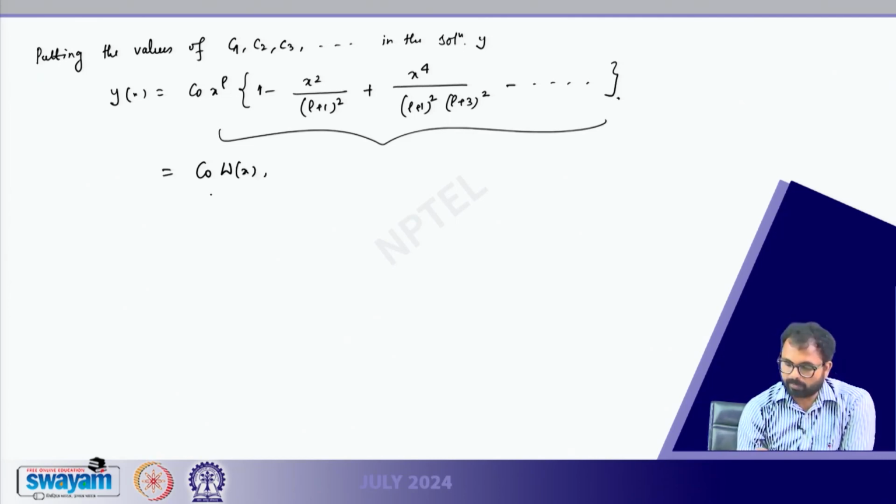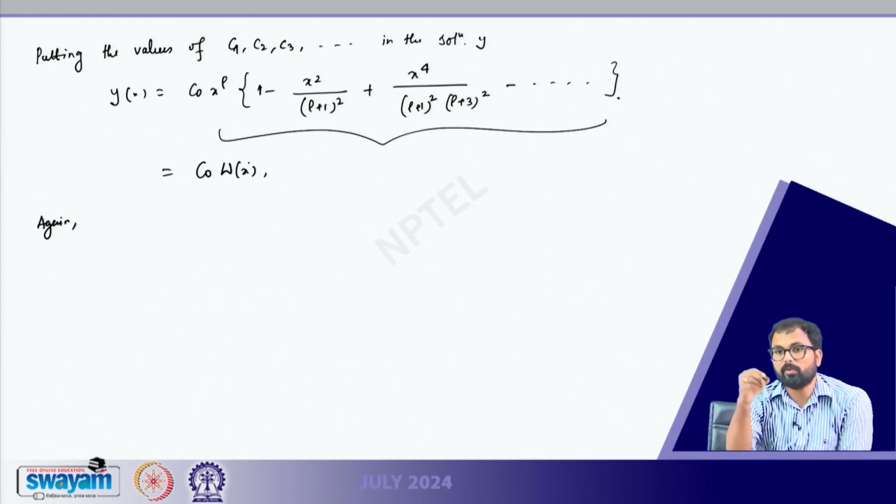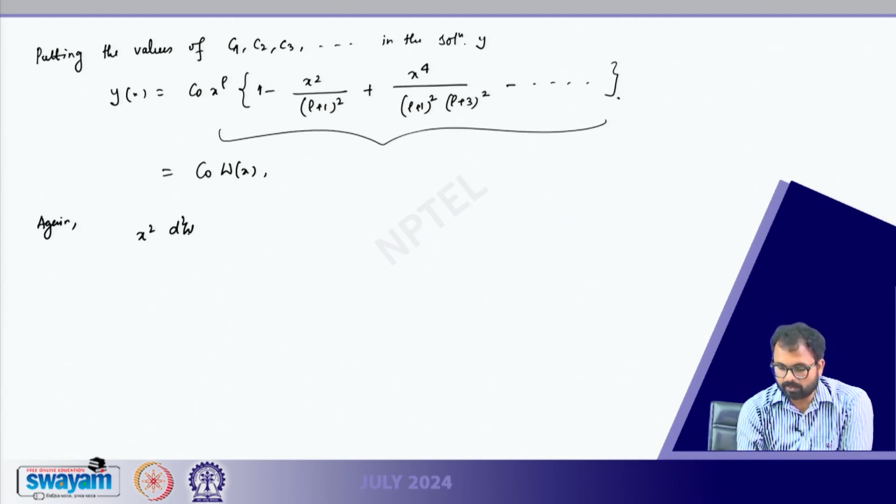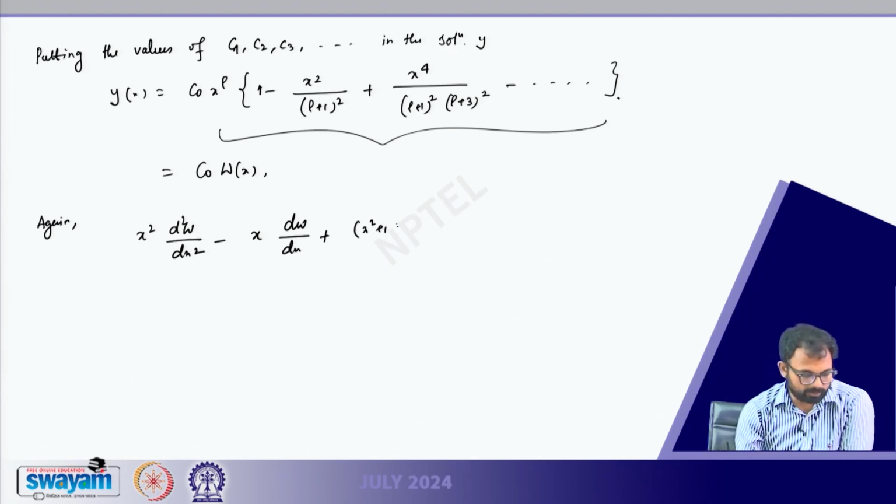Again, if we substitute y(x) equals C0 w(x) in our original equation, this will turn out to be x square d square w by dx square minus x dw by dx plus (x square plus 1) w equals (rho minus 1) whole square x to the power rho. This is what we get if we substitute y equal to this.